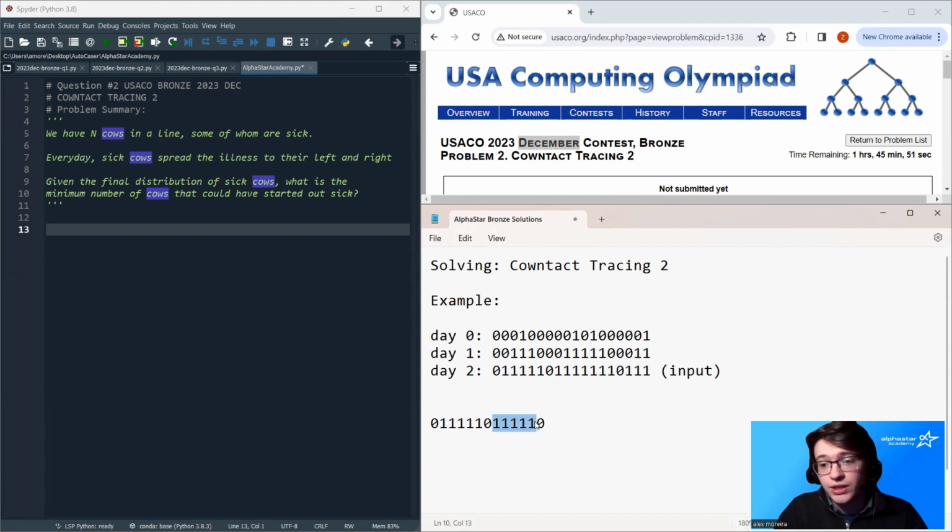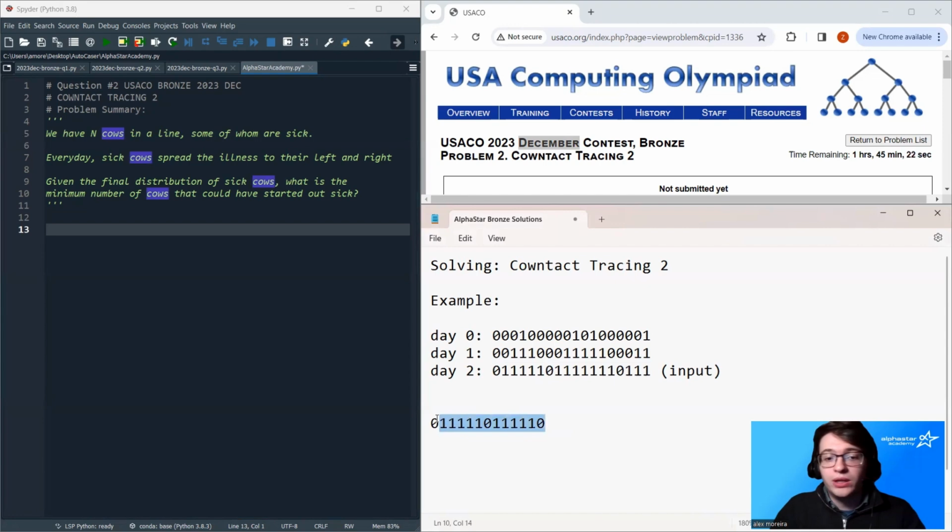This is an interval of sick cows. There's no way for a singular sick cow to produce both of these intervals, right? Because there's a gap between them. And if a sick cow had produced both these intervals, then there wouldn't be this gap, right? Because it always spreads to the left and right.